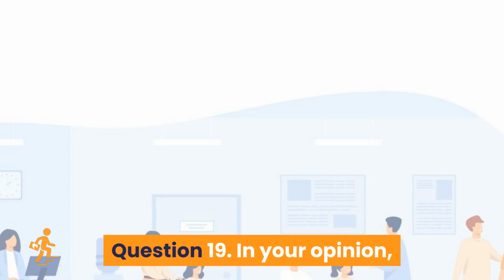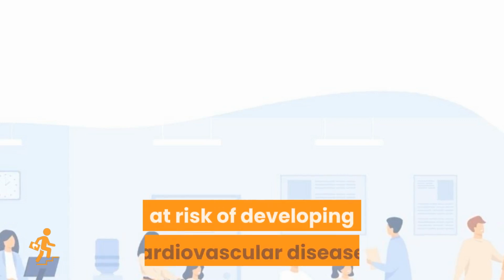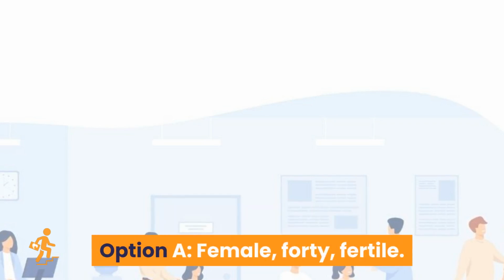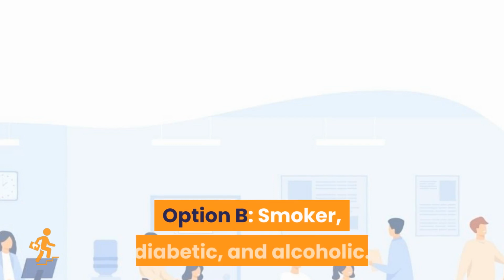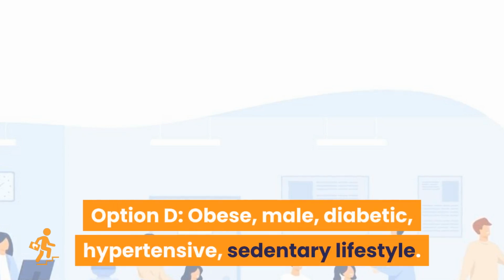Question 19. In your opinion, which of the following population groups are at risk of developing cardiovascular disease? Option A, female, 40, fertile. Option B, smoker, diabetic, and alcoholic. Option C, drug user, male, hypertensive. Option D, obese, male, diabetic, hypertensive, sedentary lifestyle.